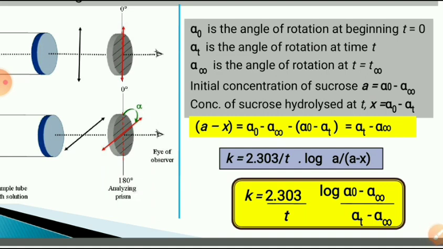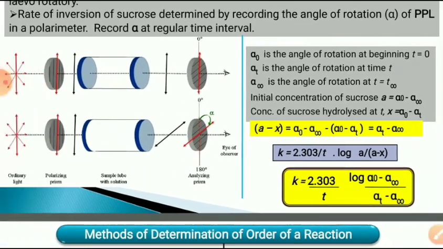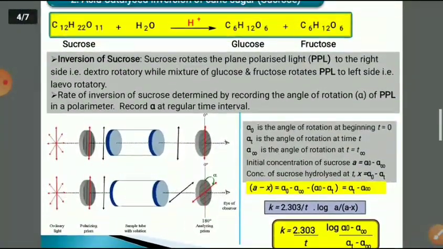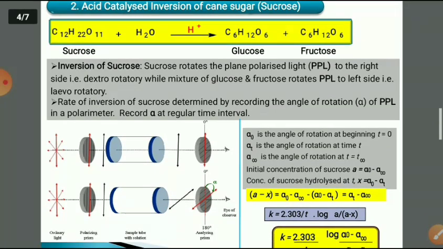So in this way we can calculate the rate constant of the acid catalyzed inversion of cane sugar, that is sucrose.